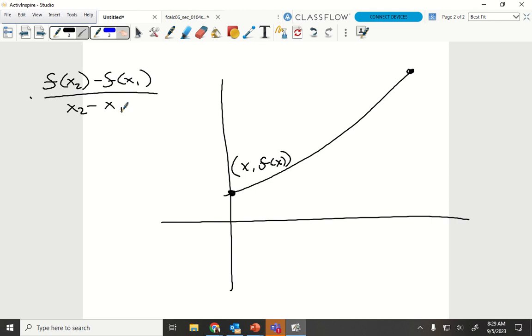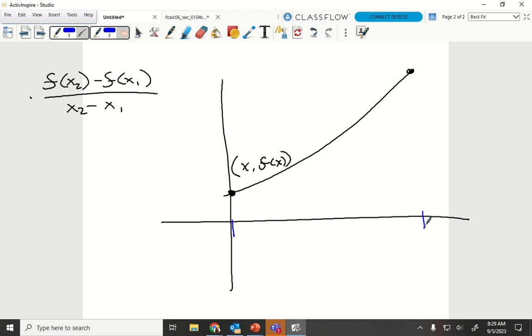So instead of saying y2 minus y1, it's now going to be f of x, because it's some value from my function. Does that make sense? Okay. Now, going from here, let me change colors, because this is where the change happens, to right here.